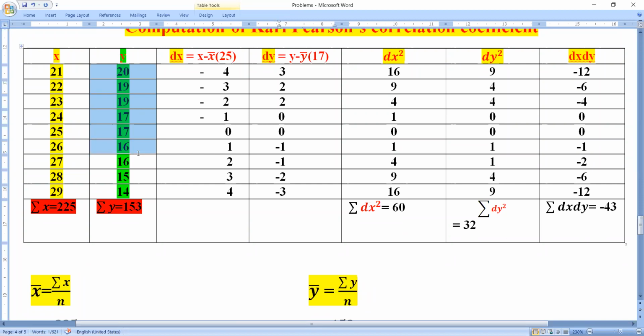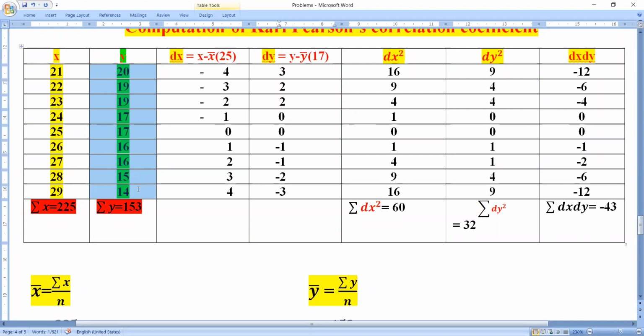After that, 16 minus 17 gives minus 1. Why minus 1? Because the larger value is 17, which has the minus symbol, so we get minus 1. Then 15 minus 17 gives minus 2.